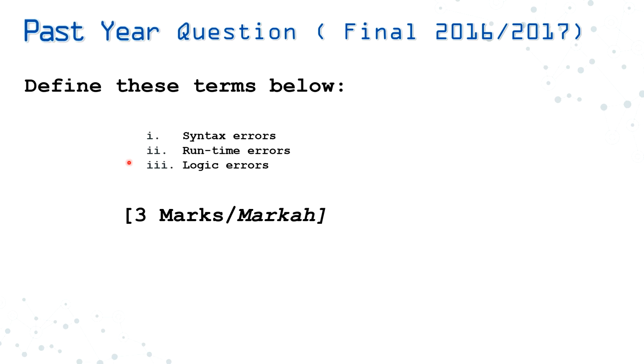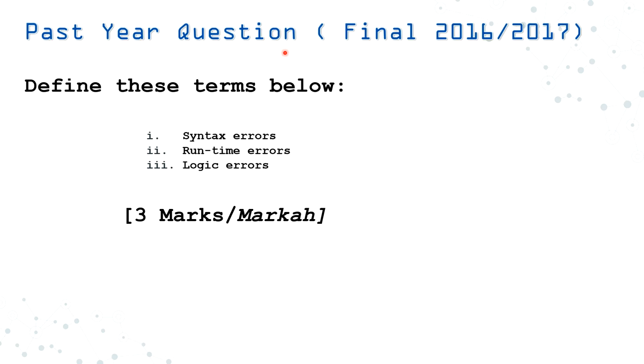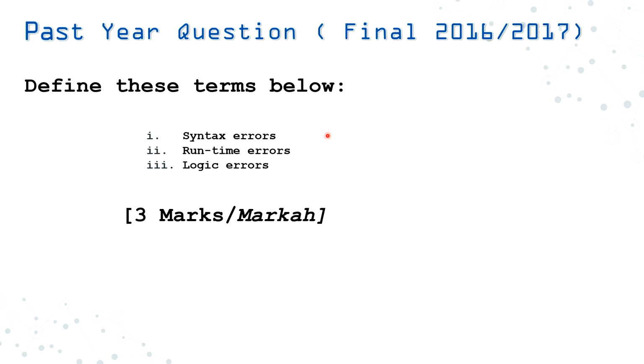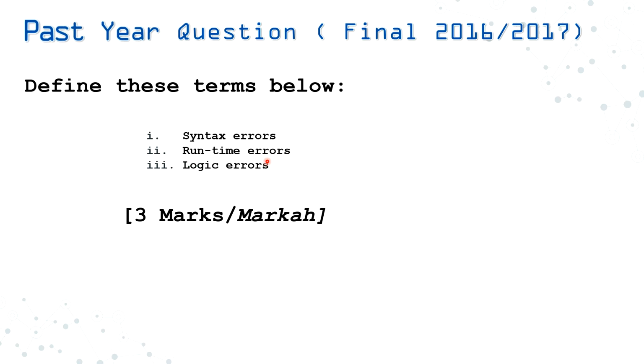Now that we have covered all three, let's test our knowledge with a real past year question from the 2016 and 2017 final exam. The question asks you to define these three terms, okay? The first one, syntax errors, then runtime errors, followed by logic errors.